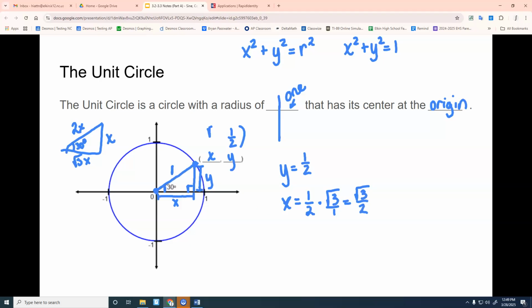And depending on how well you know your unit circle, that's your x and y coordinate for that first point at 30 degrees.